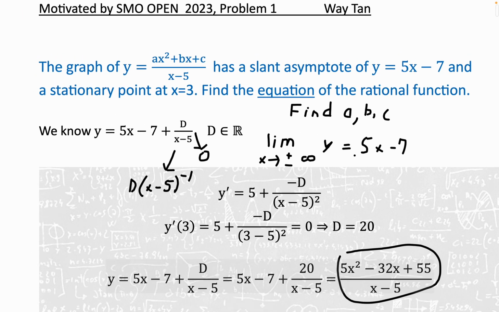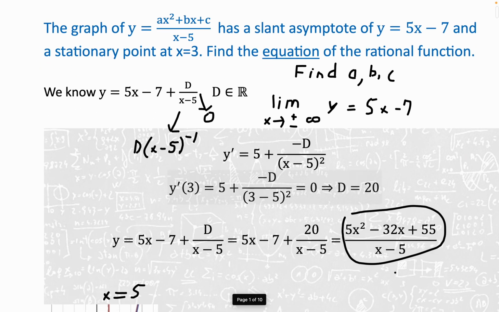This limit notion of what the slant asymptote is, and also what does a stationary point mean? Well, it's just the value of x where you have a horizontal tangent line, okay? So that's why we could substitute that into our derivative of the result of the long division. Solve for d, substitute d in, done with the problem. Hope you enjoyed.